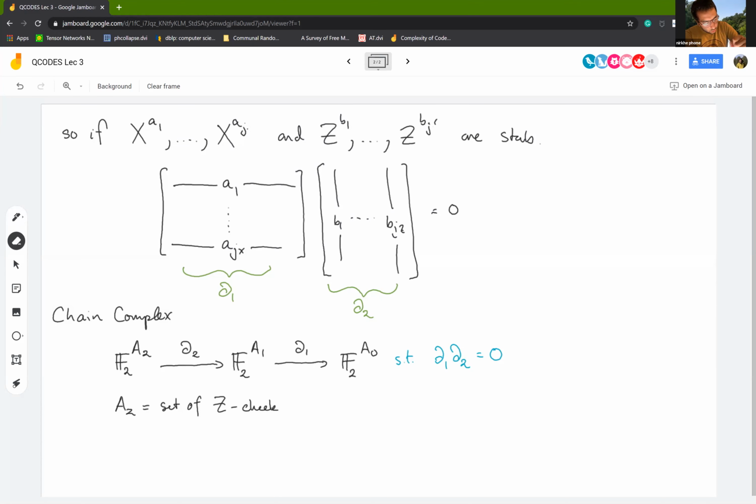Just to note that they could be two different sizes. So the number of X checks and the number of Z checks don't necessarily have to be the same. So the number of X checks is called J, and the number of Z checks is called J prime. Great question.